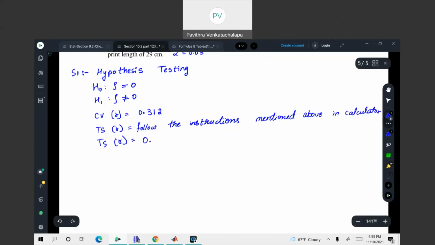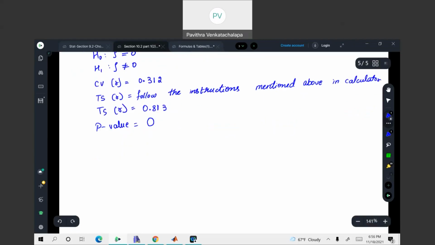So you have to get 0.813, and then you will get the p-value in the same step. So you will have p-value as 0. And now you can compare the critical value, or else you can also compare the p-value. So I'm going to compare p-value with alpha. Since this is 0, it has to be less than alpha.